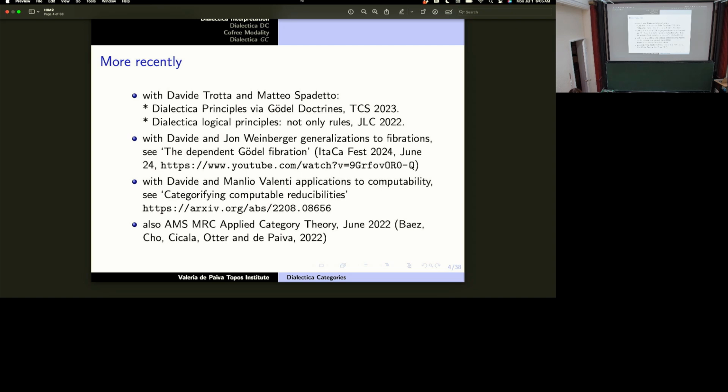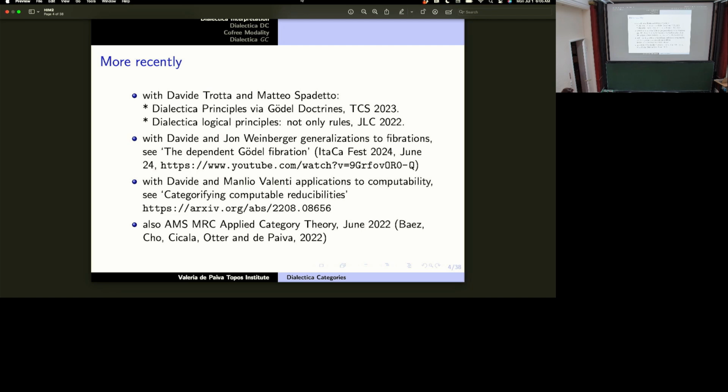But I wanted to convince you, and I've been talking to some of you individually, and I have written on the blackboard out there several times, that despite being a very old work, it's still a very exciting and interesting work. So these are the new bits that we've been doing. We have a paper in TCS, Theoretical Computer Science, on dialectical principles via Gödel doctrines, and one in the Journal of Logic and Computation on dialectical logical principles, not only rules.